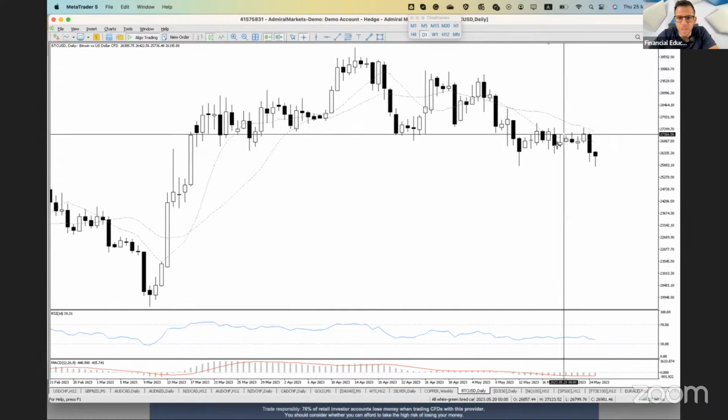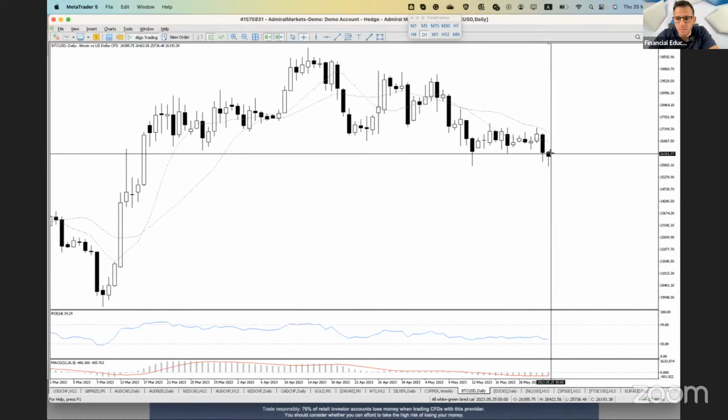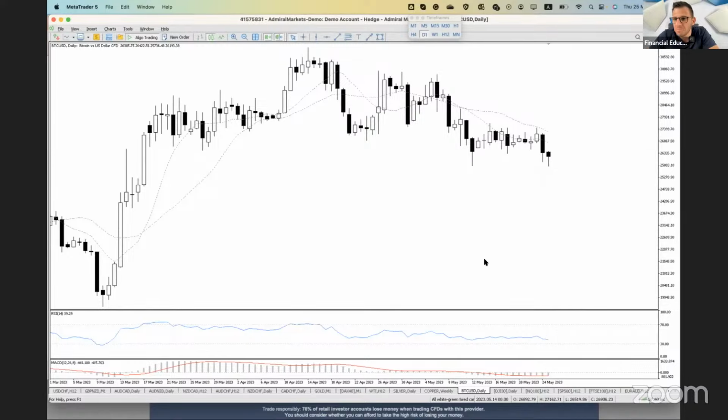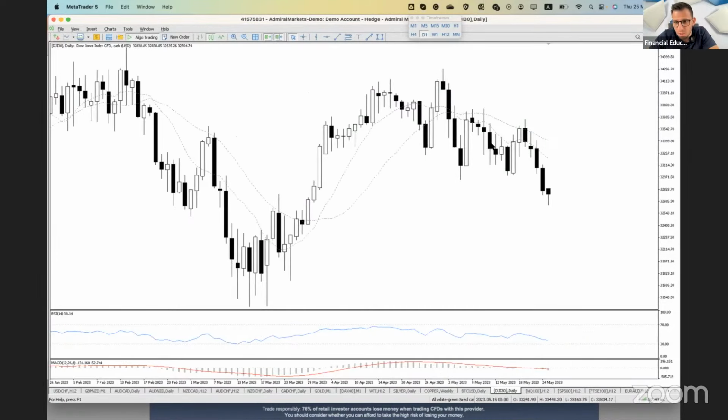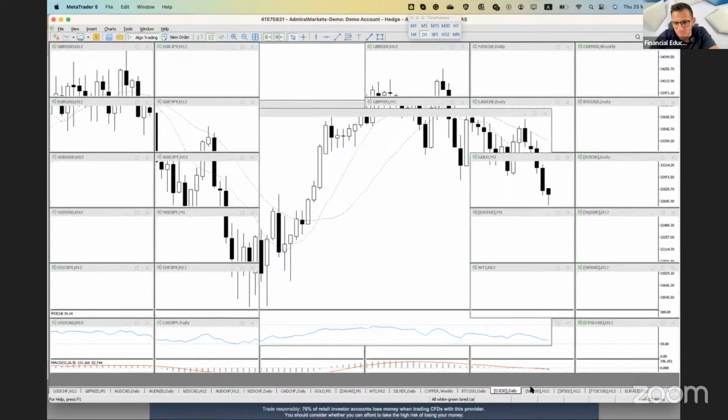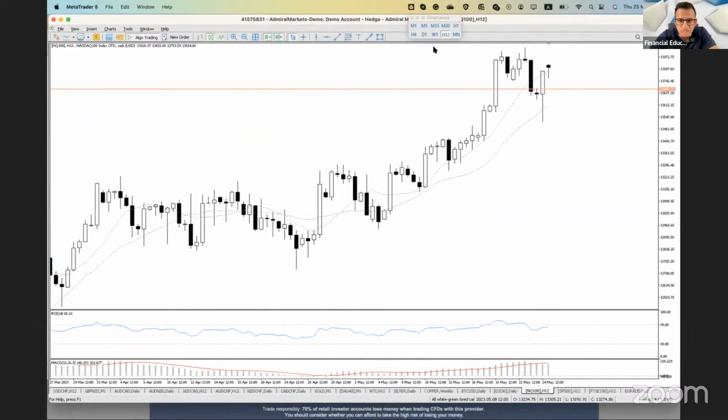Bitcoin, it tried to push below this level of support, but with not any significant move. Dow Jones, lower highs, lower lows. Traders, indices are very promising in my opinion.